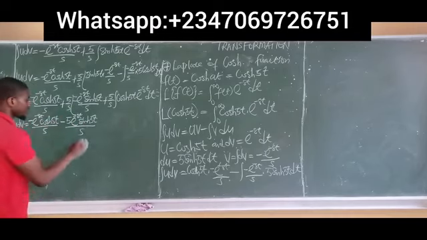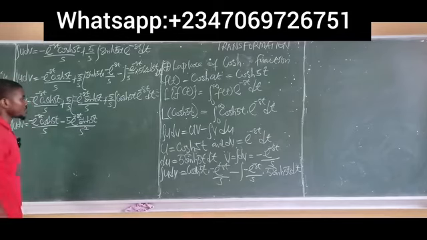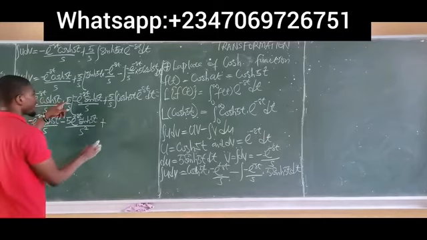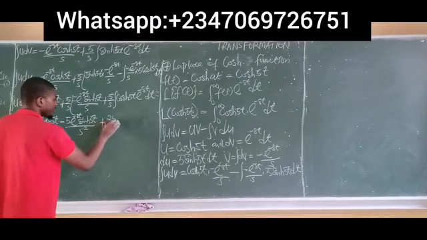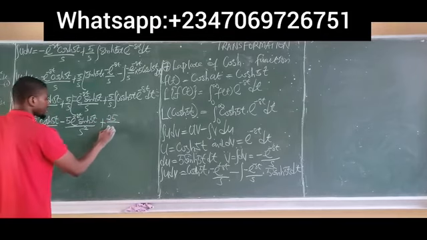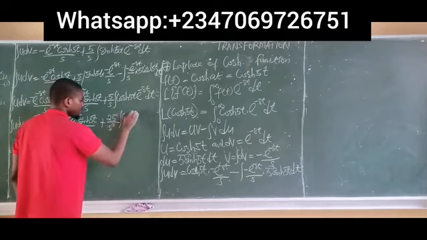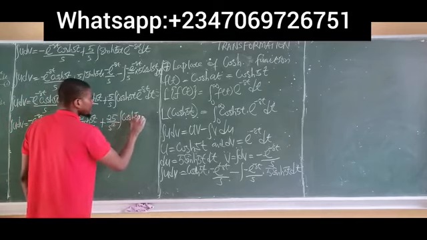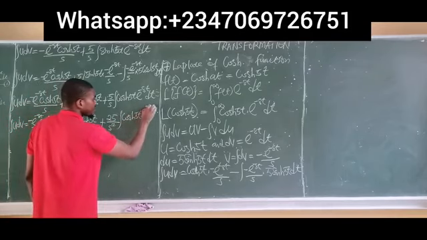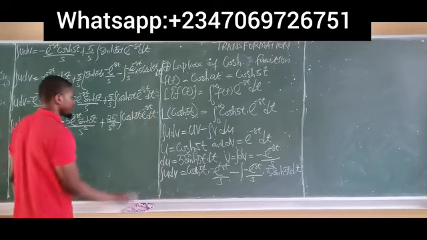Okay, so s times s gives us s squared, so all over s squared. Similarly, plus 5 times 5 here is 25, all over s times s here gives us s squared, integral of cos 5t exponential minus st times dt.